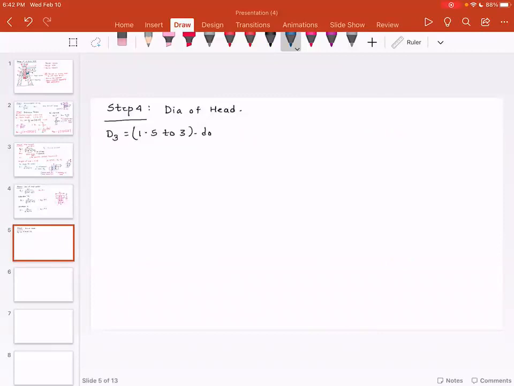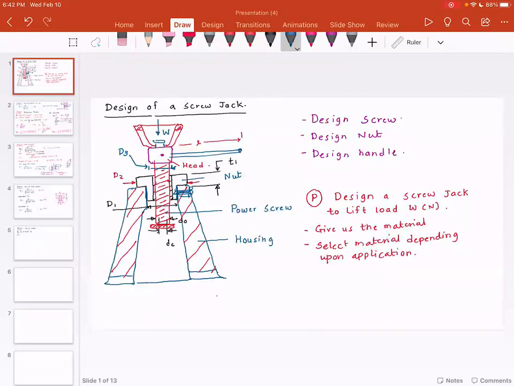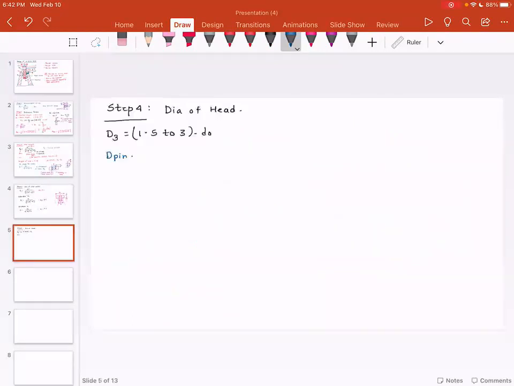And then usually if you want to look at the diameter of the pin, D pin, this is the diameter of the pin. It is usually D3 divided by 4. Again, this is an approximate dimension, and variations in this dimension are possible.